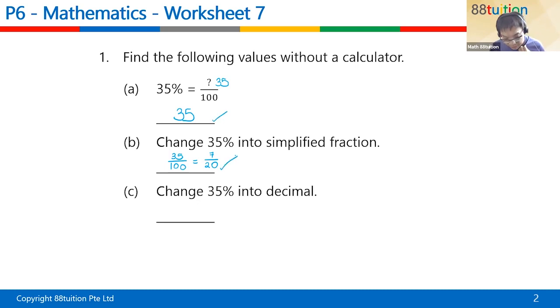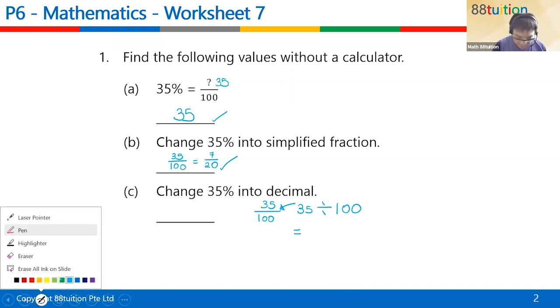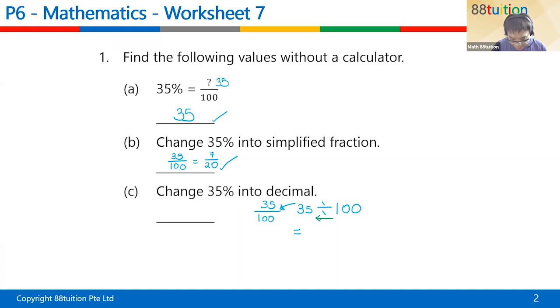You are supposed to change 35% into a decimal. Oh no, are you worried? All right, so 35% can be written as 35/100. Children, just to let you know, this over actually means divide, like that. So long time ago, your teacher should have taught you this movement thing. If it's a division, remember, you're supposed to move the decimal towards your left.